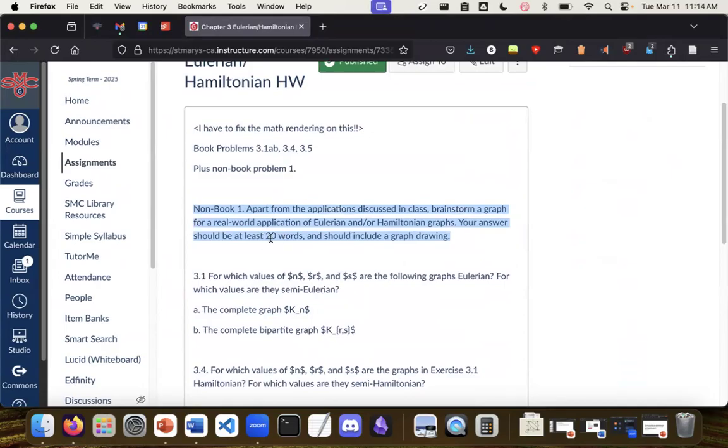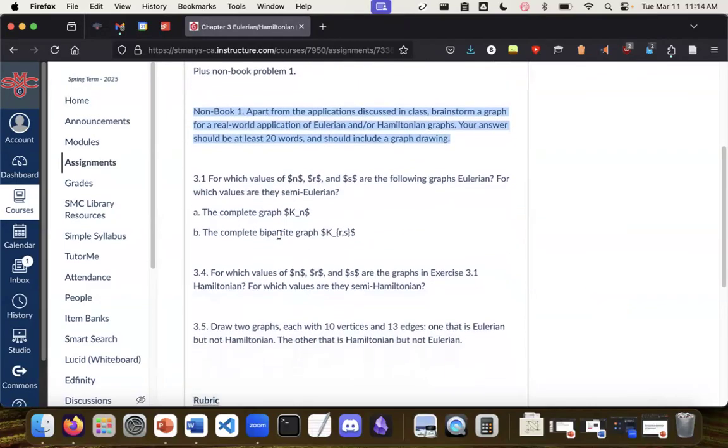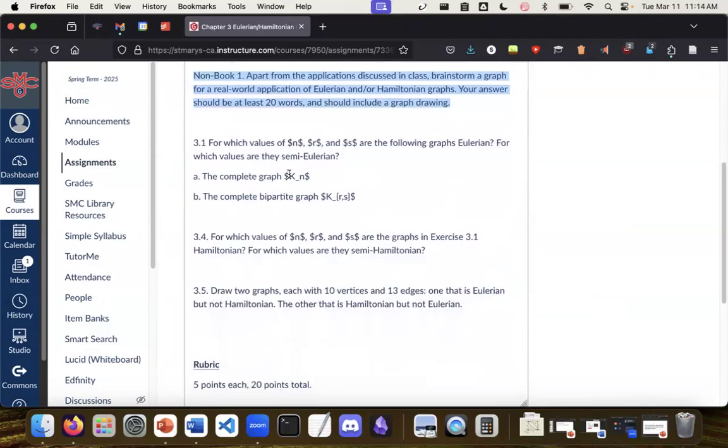And I want to make sure that you put some thought into it. So I have a restriction of maybe at least 20 words to explain it and a graph drawing. And then some problems from the book for verifying are these Eulerian, for what values. After today, I'll go through and fix the math rendering.